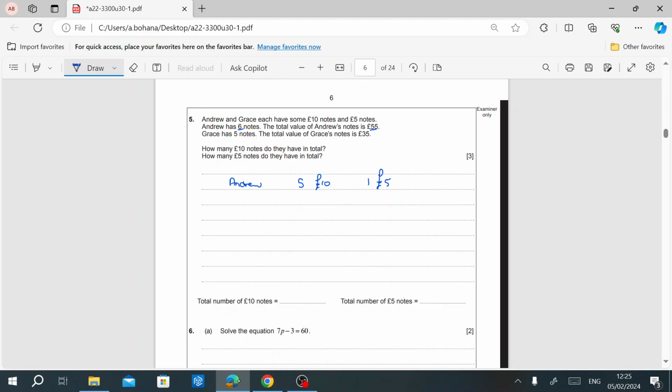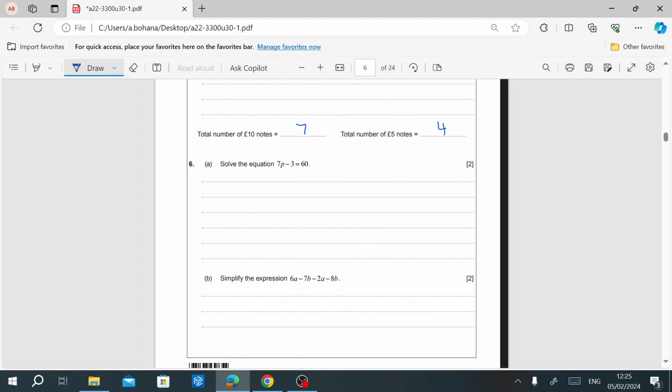That's 55. And Grace, so she's got 5 notes altogether. So she must have 2 £10 notes and 3 £5 notes. That would add up to 35. So how many do they have in total? Well, they've got 7 £10 notes and 4 of them.